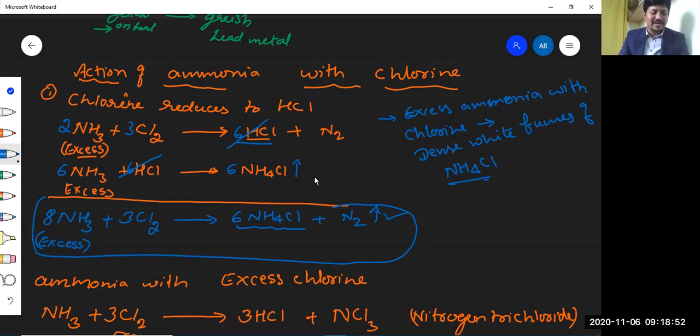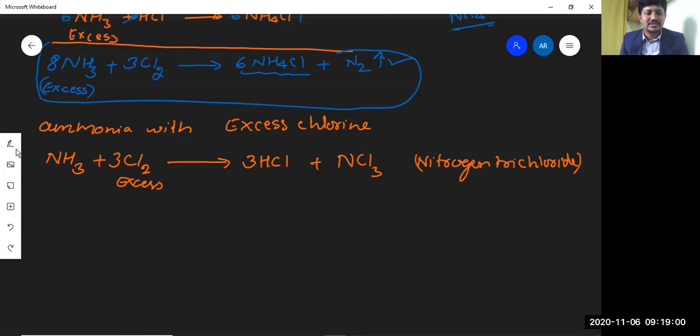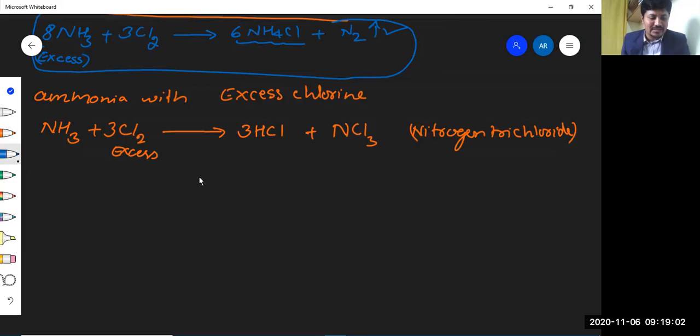Okay, next reaction. What you can see in the next reaction, that means an excess of chlorine with ammonia: you can see a colorless ammonia gas. Basically ammonia gas is colorless, but chlorine is greenish yellow in nature.